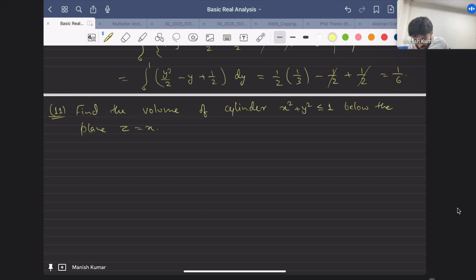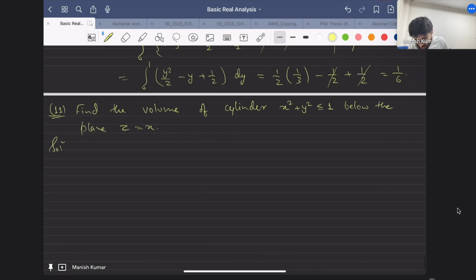Okay, so again you have to, let me draw the picture first. Okay, is there no restriction? Okay, so this is the cylinder that you have. So it's about x and y, right? So x square plus y square less than or equal to 1.